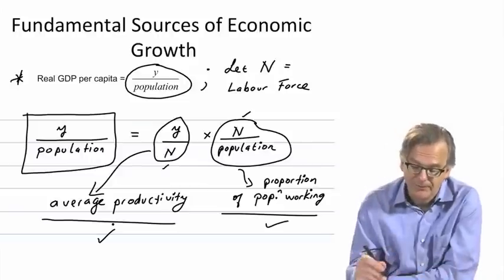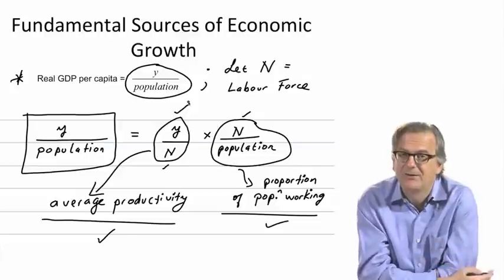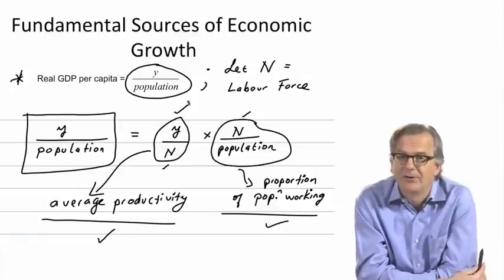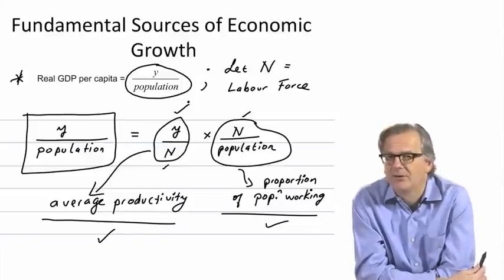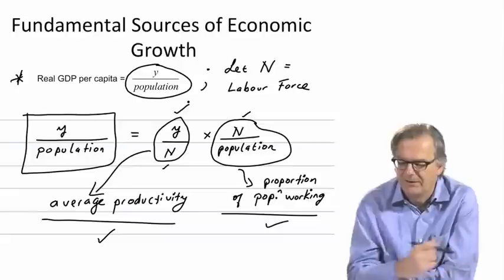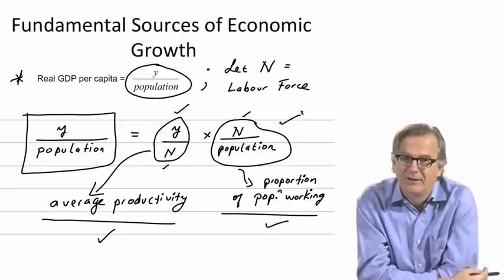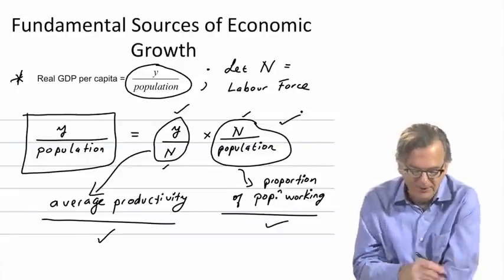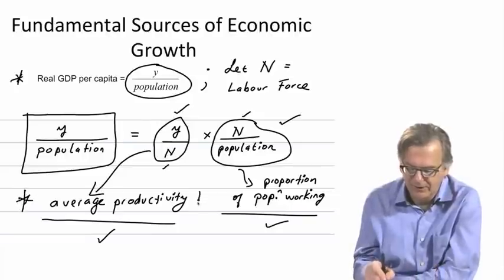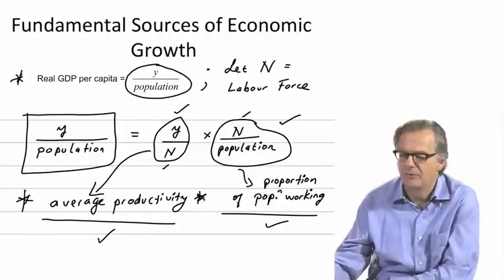Most attention is directed to average productivity. And there's been a lot of empirical work that suggests that that's probably the most important of these two factors. But this is not to neglect demographic factors, though in the theories of economic growth that we're going to consider, our focus is very much going to be on average productivity.